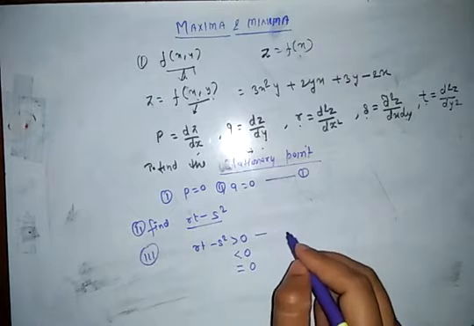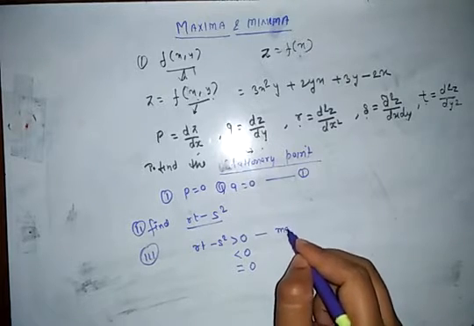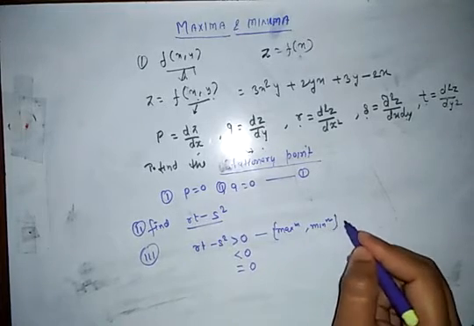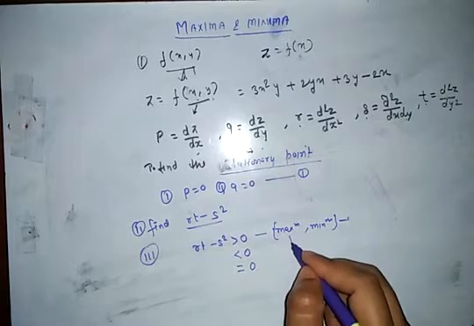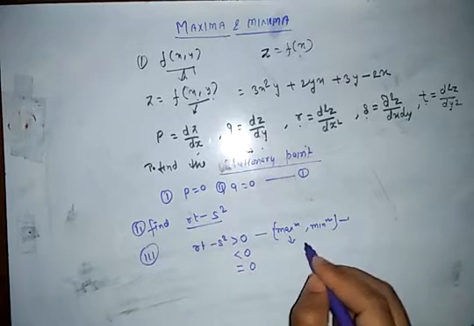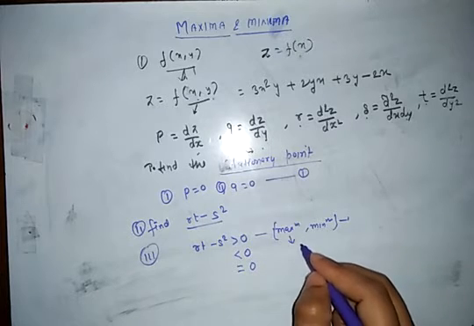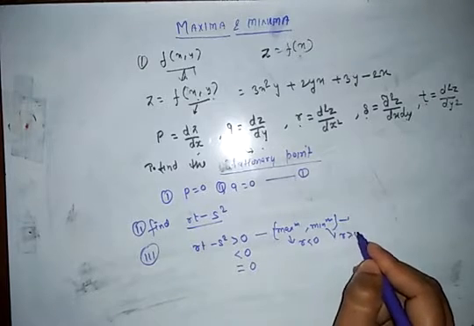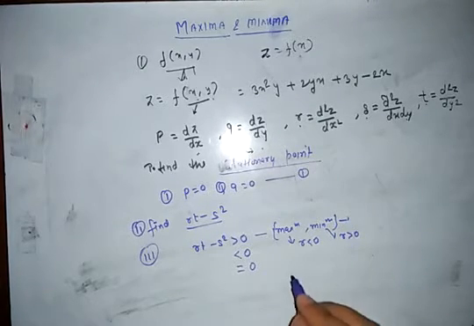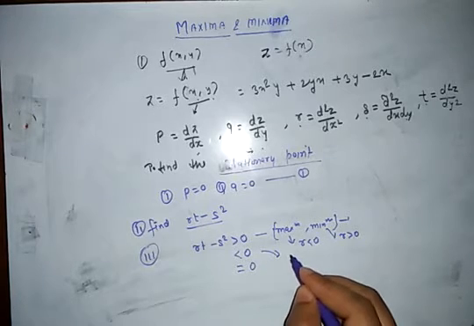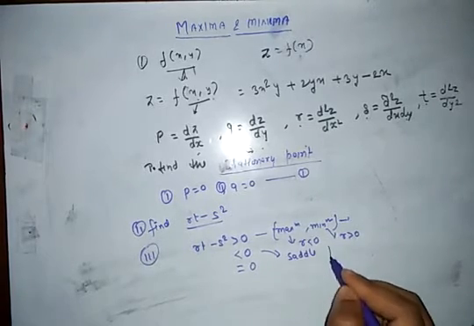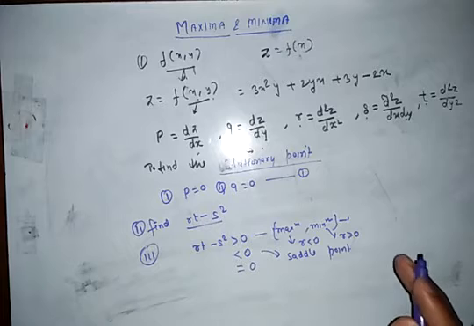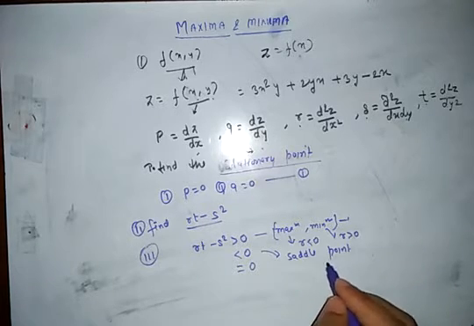In this condition, whether it is maxima or minima depends on the r value. Okay, if r is less than 0, then maxima. If r is greater than 0, this will give you a minimum. When rt minus s square is less than 0, you will get saddle points, that is, the function doesn't attain an extreme value.